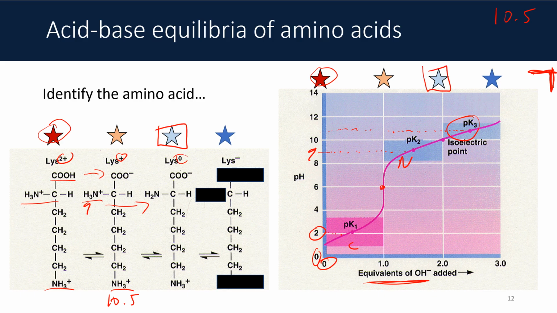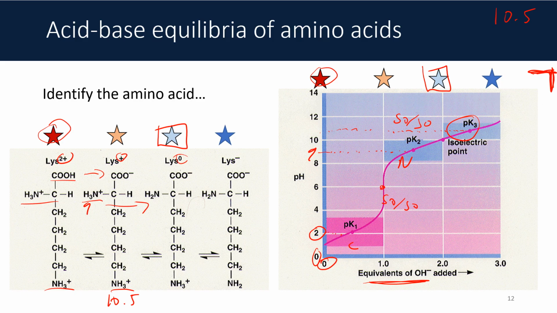It will be 50-50 beige and this periwinkle star at the pK2 points. And I'll write that again over here. At the isoelectric point, it's 100% Lys neutral. The only other titratable group we haven't touched yet is the one on the side chain, the most basic one, the least acidic one.